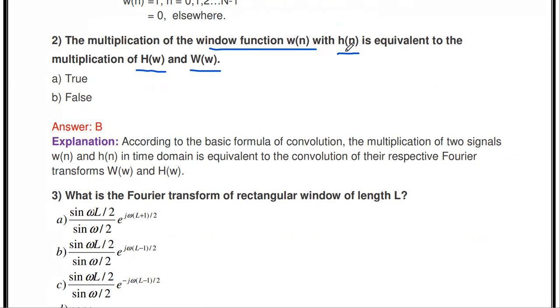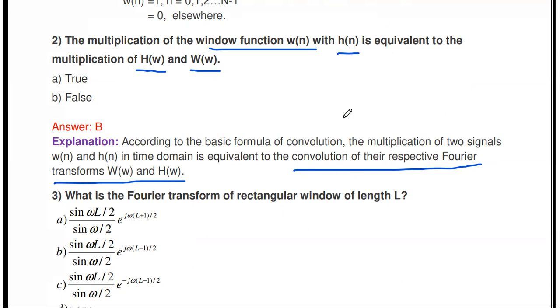Multiplication of the window function with the impulse response in the time domain is equivalent to multiplication of H of omega and W of omega. But if you multiply two signals in the time domain, it is equivalent to the convolution of their respective Fourier transforms.